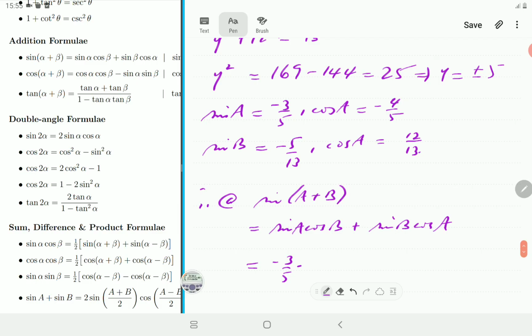Cosine B is 12 over 13. Sine B is negative 4 over 5.